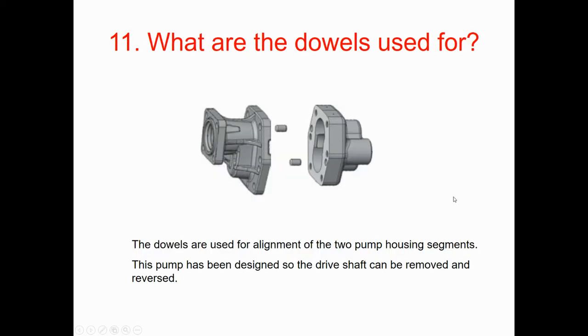What are the dowels used for? In general, the dowels are going to be used for the alignment of the two pump halves. So we don't have to look for the exact position, and that's going to help a lot in the assembly of the pump. We will always find the direction and how to put the bolts in the next time.